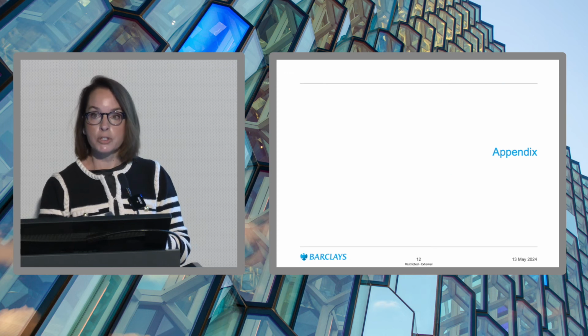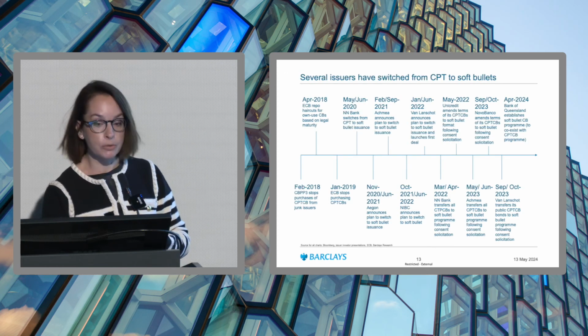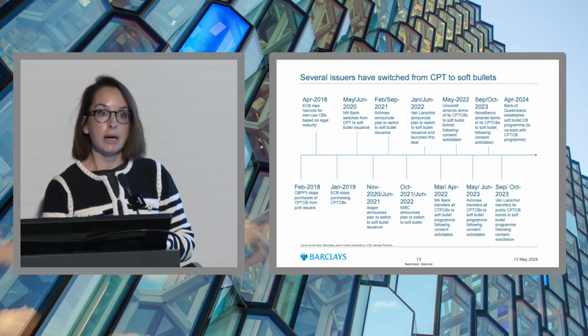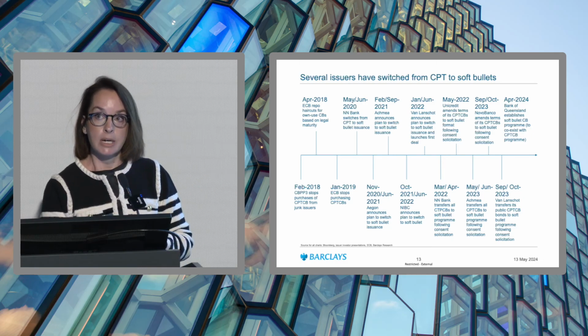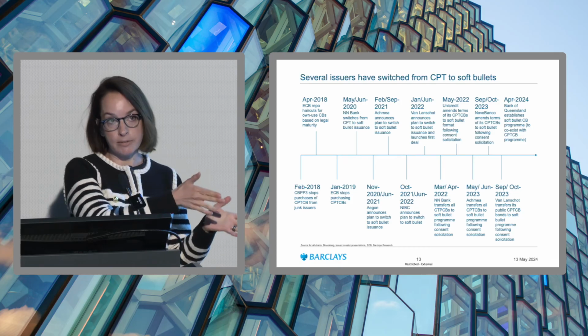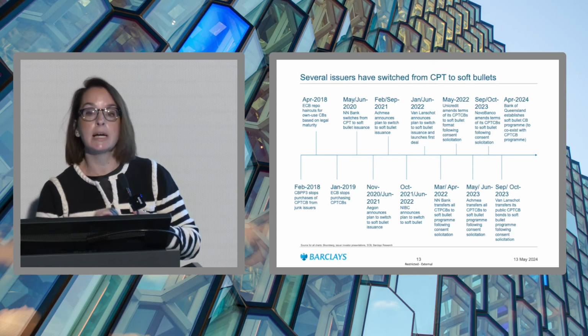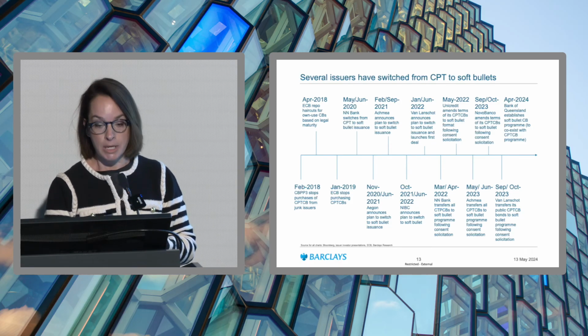Now, before I go, here you'll see a little bit of the history. We've seen over the past few years, maybe over the past 5-6 years, a trend from CPT covered bonds back towards soft bullet. And this was mainly triggered by the ECB.